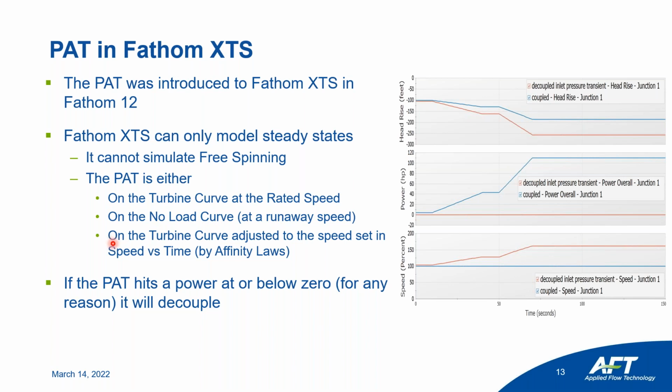Lastly, it can be on the turbine curve, adjusted to the speed that you set in your speed versus time transient. And just like Impulse, if the PAT hits a power at or below 0 for any reason, it will decouple and it will jump to that no load curve.